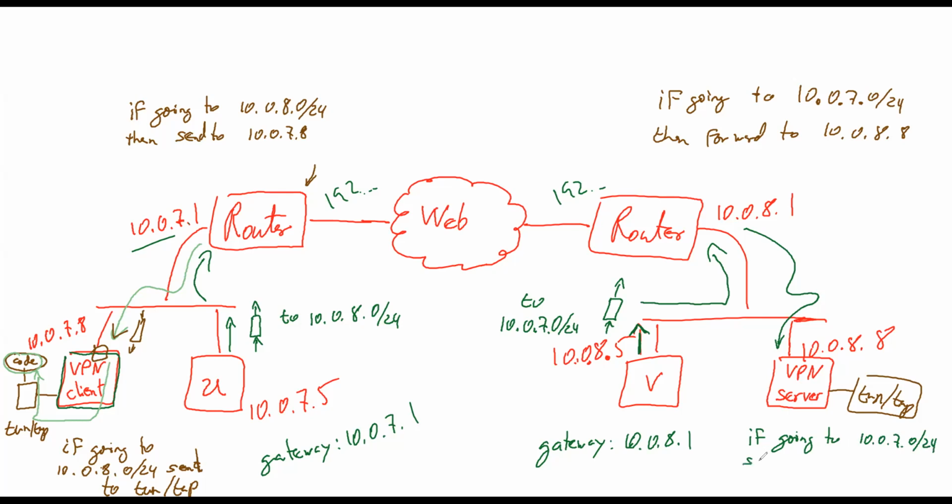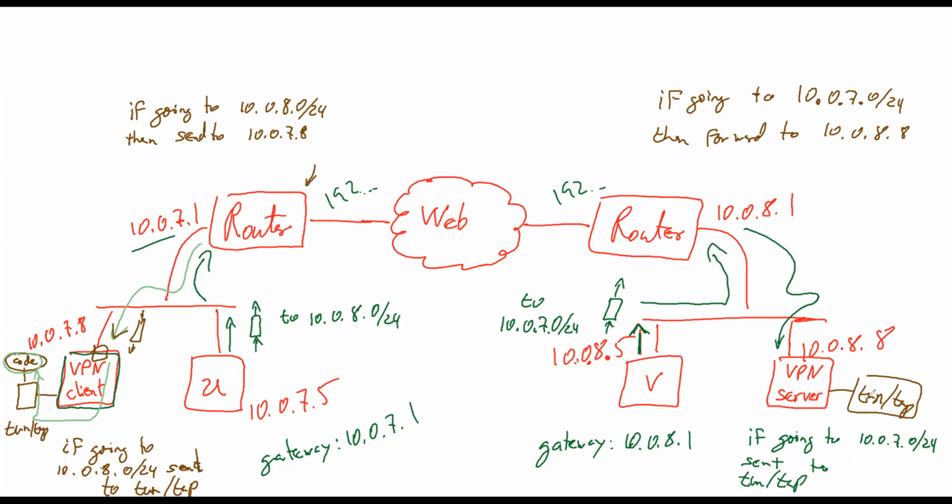Oh, okay. I need to send it to, and where does it send it? This is the mirrored image of the other side, right? So where does it send it? All right, so it's going to send it to the TUN/TAP interface.